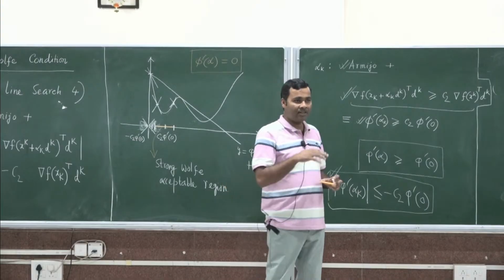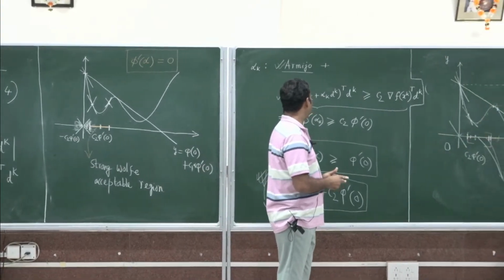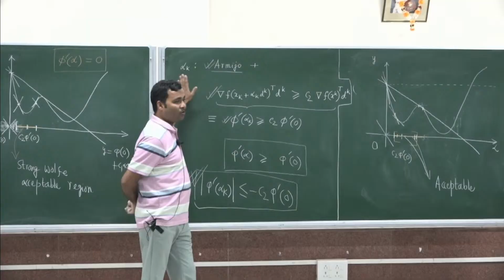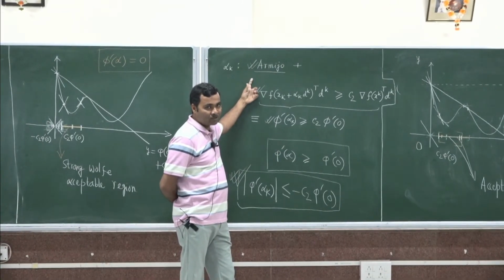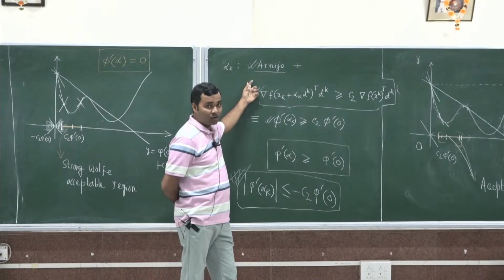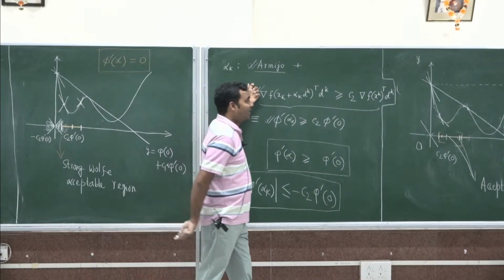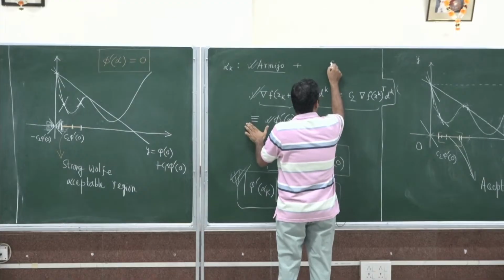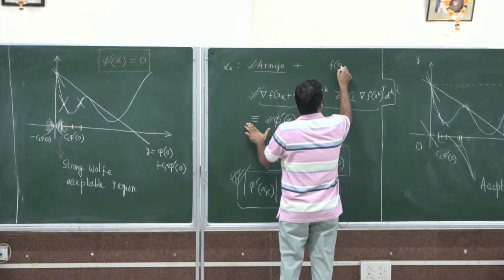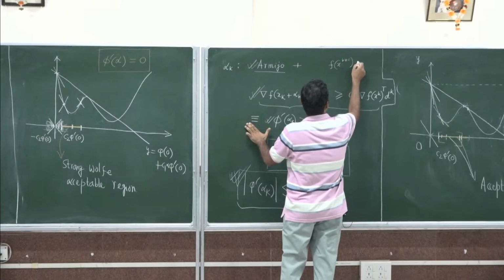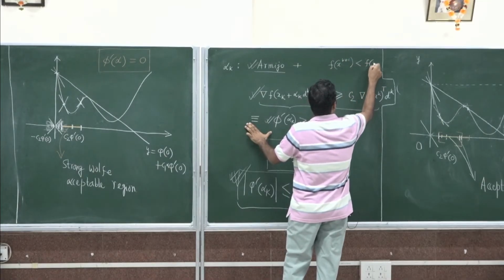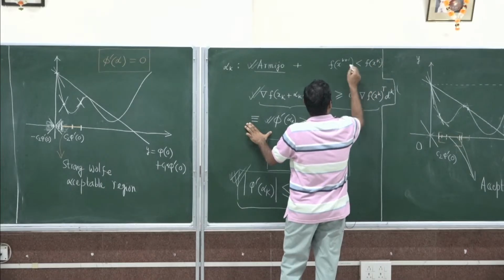And in all these methods, we notice that all four have the Armijo condition, and the Armijo condition ensures sufficient decrease, not just decrease. Certainly then all four methods have the descent property, that f(x_{k+1}) is less than f(x_k).